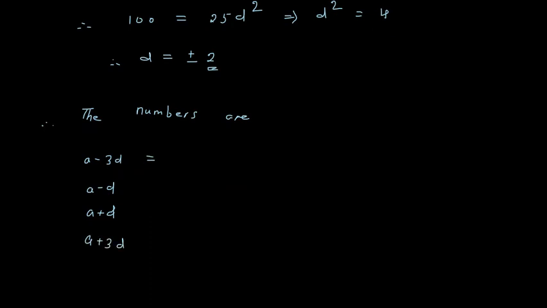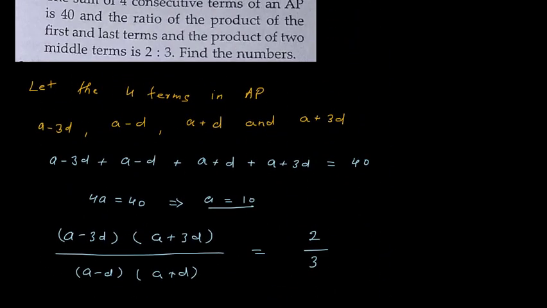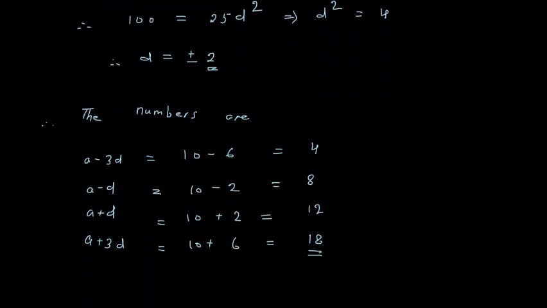So a minus 3d is 10 minus 3 into 2, this is 10 minus 2, this is 10 plus 2, and this is 10 plus 3 into 2. So here you will get 4, 8, 12 and 16. So the numbers are 4, 8, 12 and 16. These are the 4 numbers in AP.